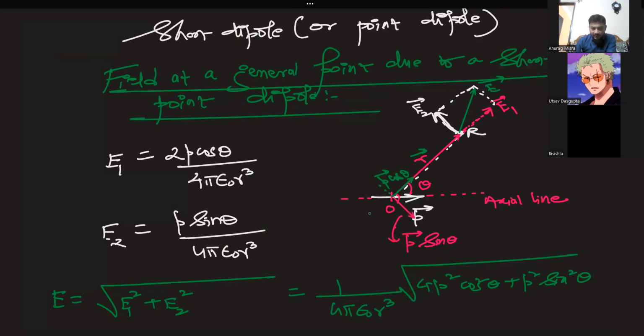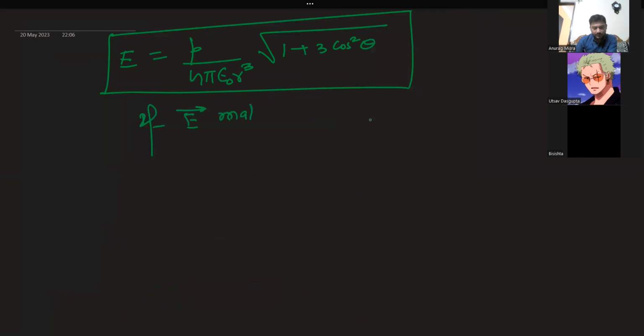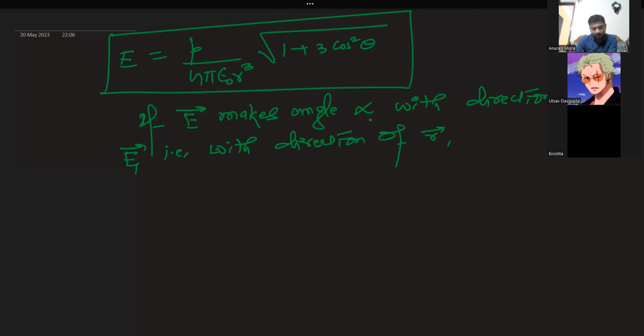And if the resultant E makes an angle alpha with the direction of E1, that is, with the direction of radius vector R, then we can simply see that tan alpha will be equal to E2 by E1.